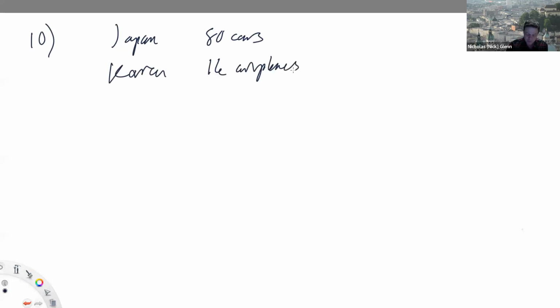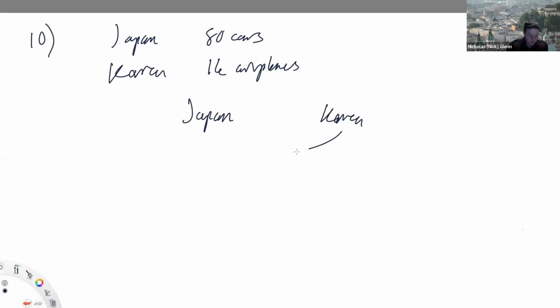All right, so Japan and Korea each spend all their time producing the goods in which they have comparative advantage. The countries agree to trade 3 airplanes for 10 cars. So Japan will produce 80 cars, Korea 16 airplanes. But now they're going to trade. And so what are they going to trade?